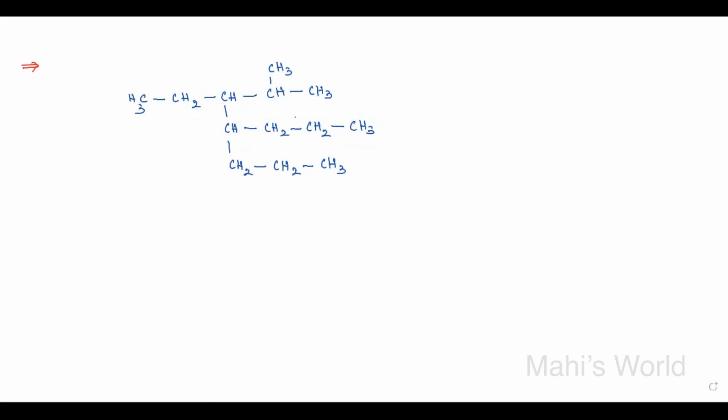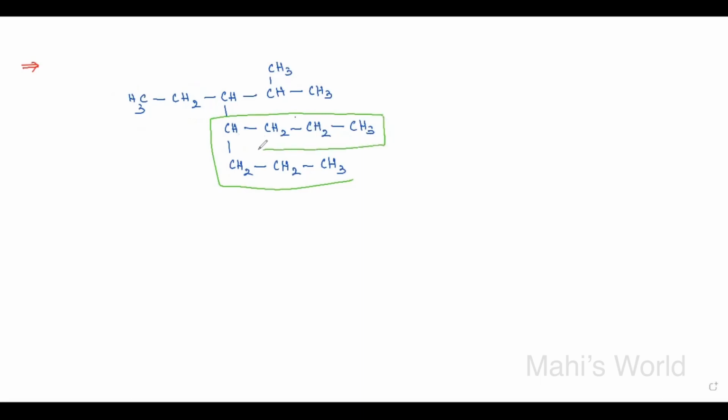Let me just check whether I can get more. I think rather than going, even this is also something with the same number of carbon atoms. You got 7 carbon atoms here.